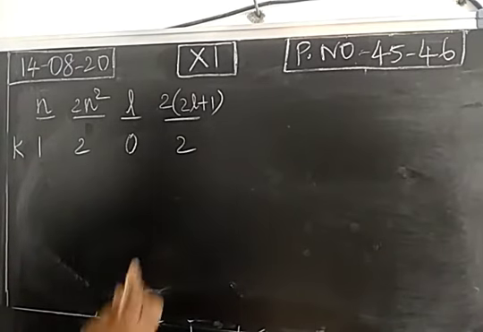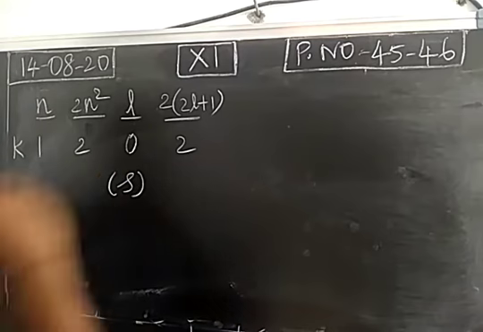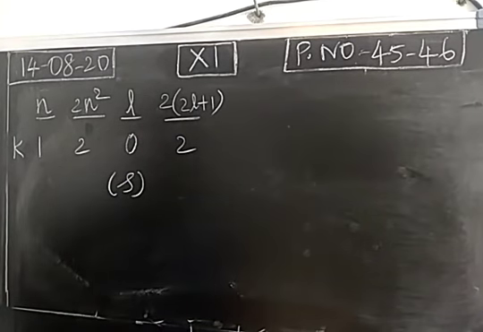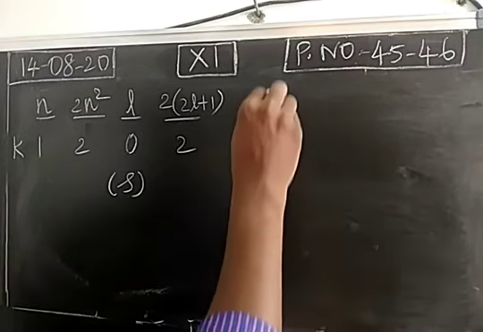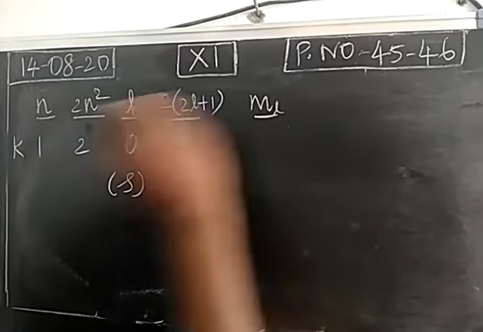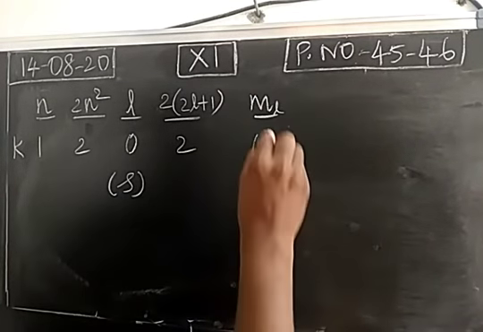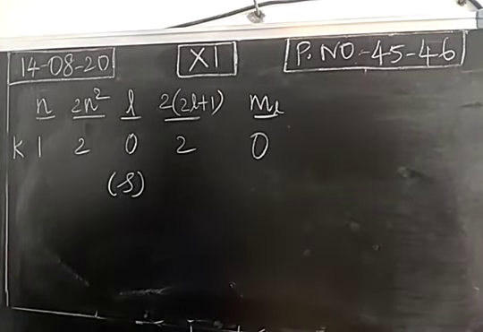So l value 0 means this is the s subshell. The s subshell can accommodate maximum 2 electrons. Then next, the magnetic quantum number: minus l to plus l through 0. That is the way to calculate the magnetic quantum number. So 0. Right. So the magnetic quantum number is 0.